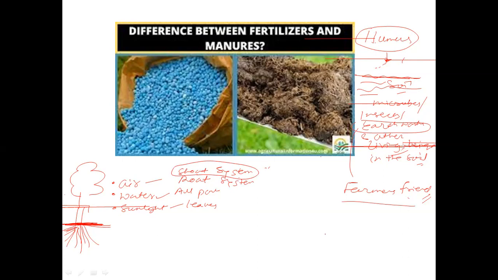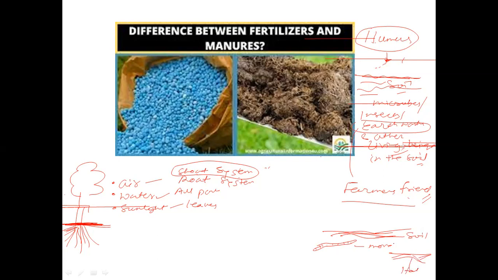You see, when the earthworm moves inside the soil, let's say this is soil, when this earthworm locomotes and moves inside the soil, it will create holes in it. You see, like these holes.